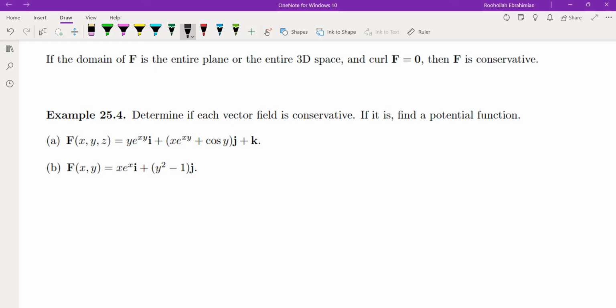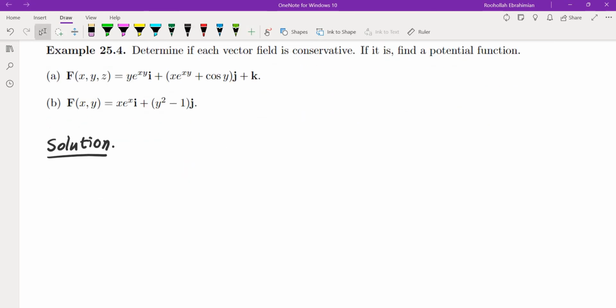So let's do an example on this one. These two are going to be the last two examples. Determine if each vector field is conservative. So how do we determine if these two vector fields are conservative? Two things. First of all, f is defined over the entire three-dimensional space.